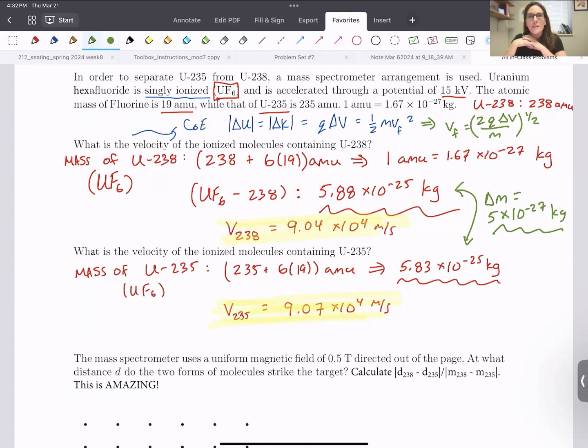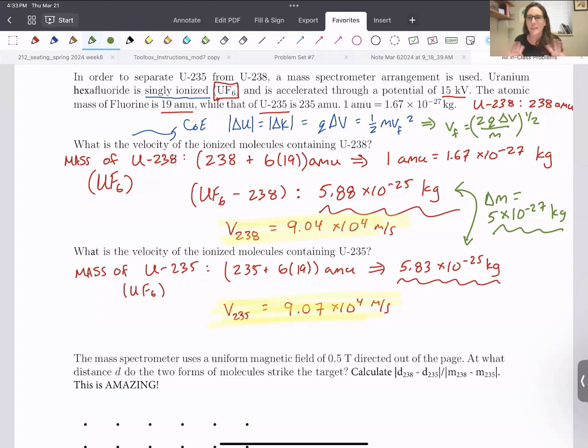And what we're going to see is that they are separable easily. Like the scale of what we get is going to be something that we could just physically make very easily to separate them by their radii. So a tiny mass difference makes a big difference when we're talking about their radii in these magnetic fields as we go to our next step.